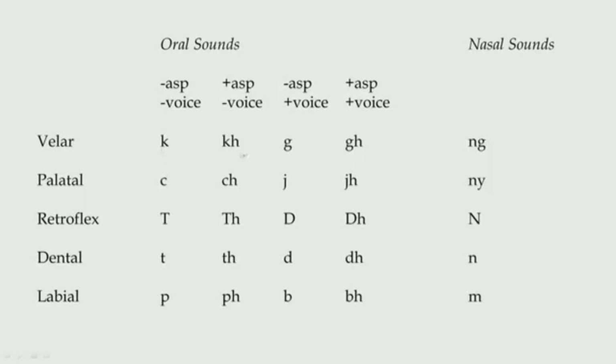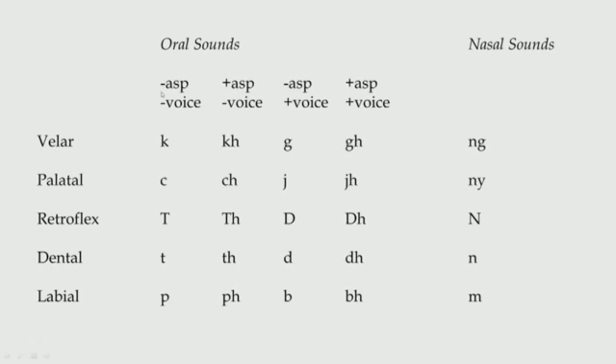Then the question is, how do we make the distinction between ka and ga? And once we establish the distinction between ka and ga, probably it will be easier for us to see the distinction between ga and gha, because the distinction between ga and gha is again only aspiration.